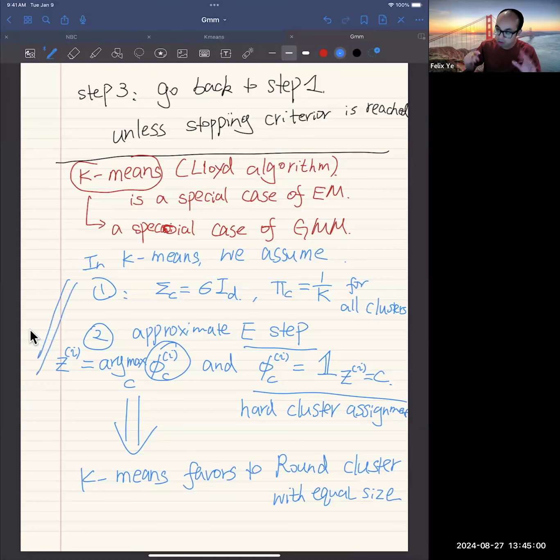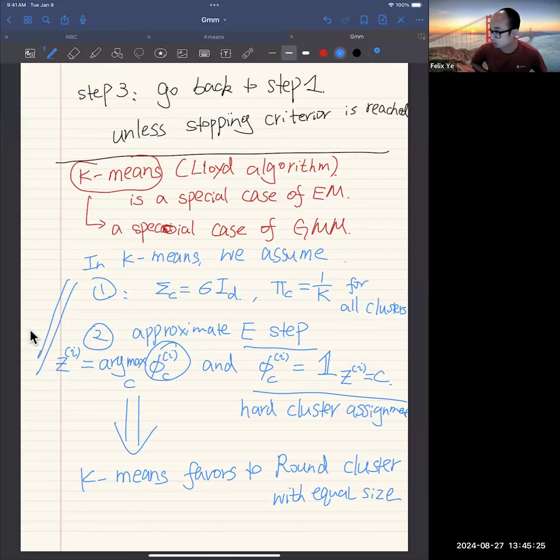This part is a commonly asked question during data science interviews that you should know very well. What is the connection between k-means and the Gaussian mixture?